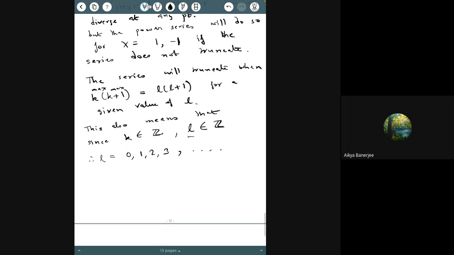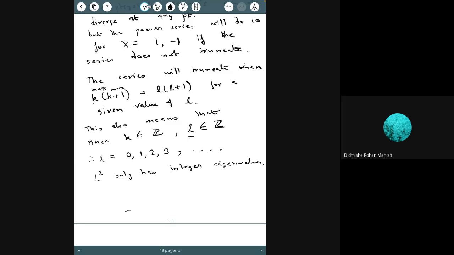This is again a very important implication, which means that L squared only has integer eigenvalues. But it is not directly obvious to me, because we have L into L plus 1 equal to some integer. So you are saying from this directly we can say L has to be an integer.